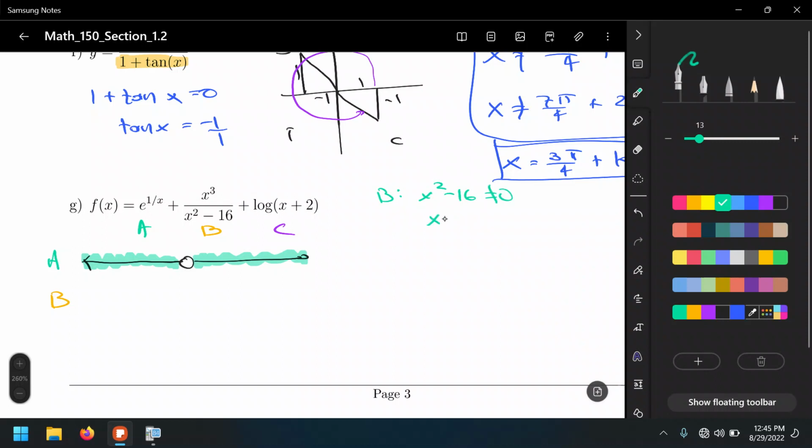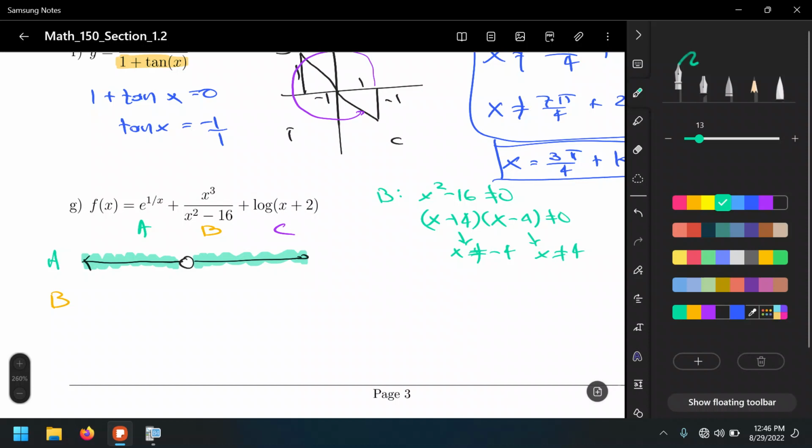That's a difference of squares. And x cannot be negative 4, and x cannot be positive 4. Those are the restricted values for the second term.